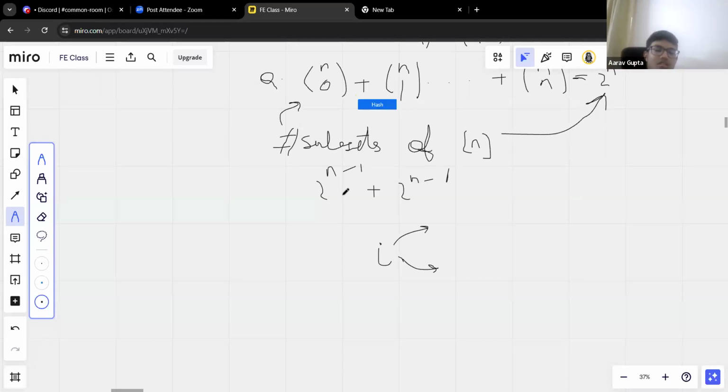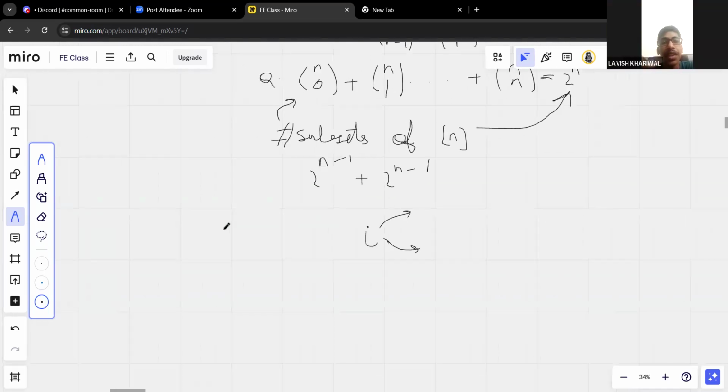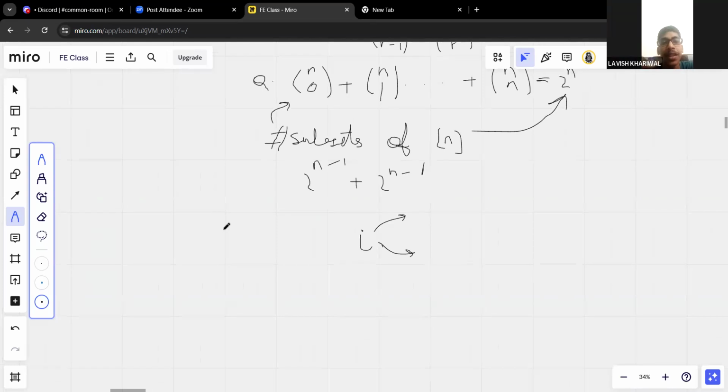Okay, but also someone was talking about some binary string idea to prove the number of subsets is 2 to the power of n. Could they elaborate on that, please, if they want to? Yeah, so I was saying that we can create a binary string of length n, in which we can write 0 if the particular element is not in the subset, and we can write 1 if the particular element is in the subset.